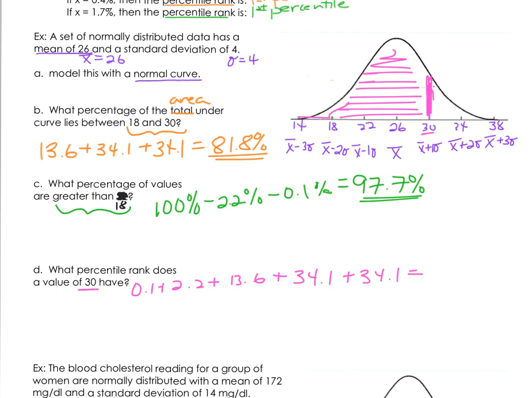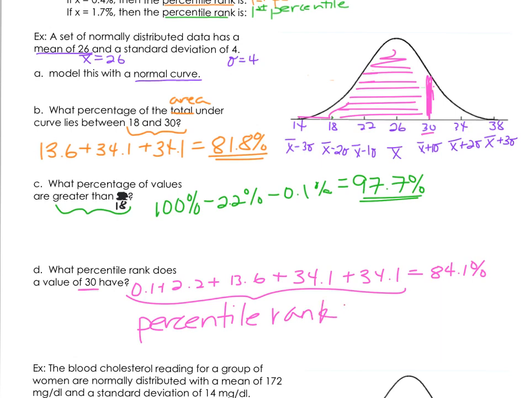That's everything up to that curve. If we add all of that together, we're going to be at 84.1%. And a value at 84.1% has a percentile rank of the 84th percentile.